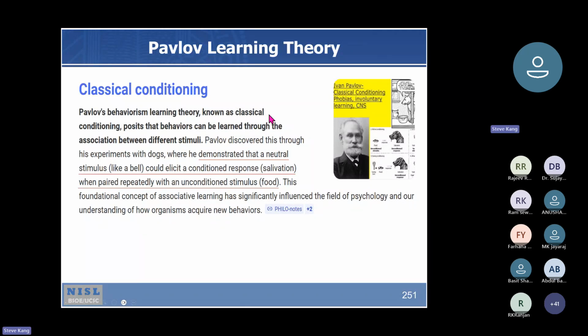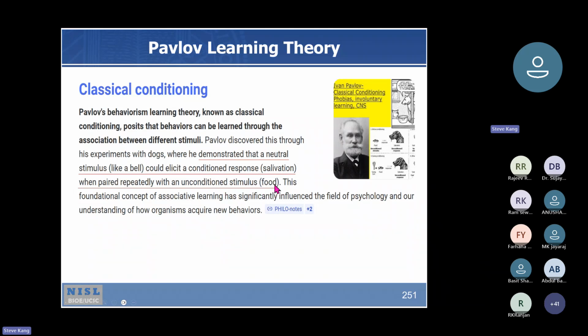A learning theory known as classical conditioning holds that behaviors can be learned through the association between different stimuli. Pavlov discovered this through his experiment with dogs, where he demonstrated that a neutral stimulus like a bell, which doesn't have any smell, could elicit a conditioned response, salivation, when paired repeatedly with an unconditioned stimulus, for instance, food.